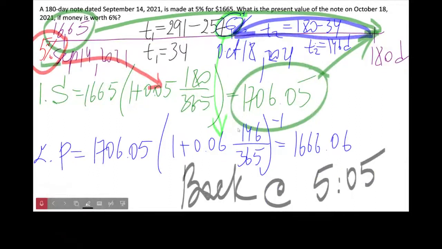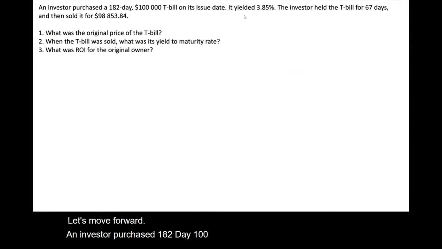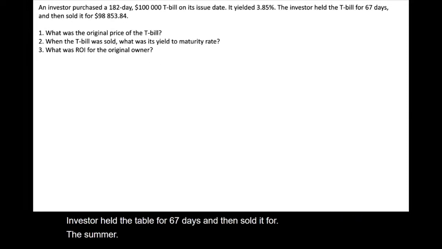Okay, guys, break is over. Let's move forward. An investor purchased a 182-day $100,000 T-bill on its issue date. Its yield is 3.85%. The investor held the T-bill for 67 days and then sold it for this amount. So let's make a picture.